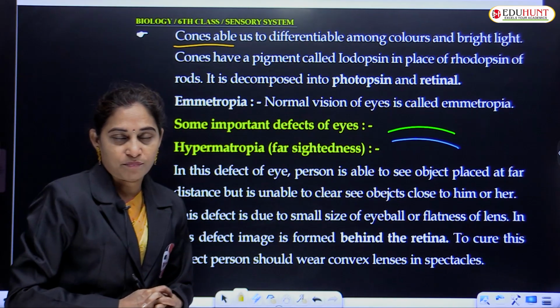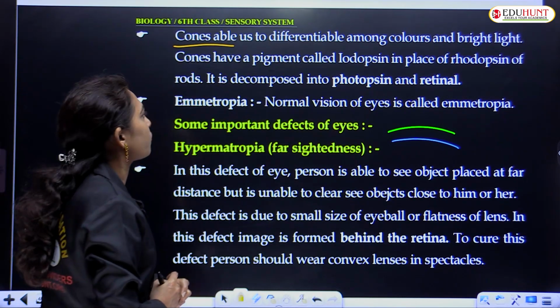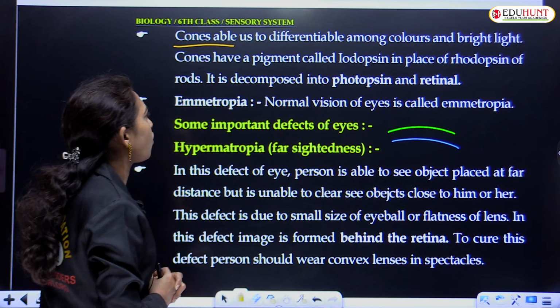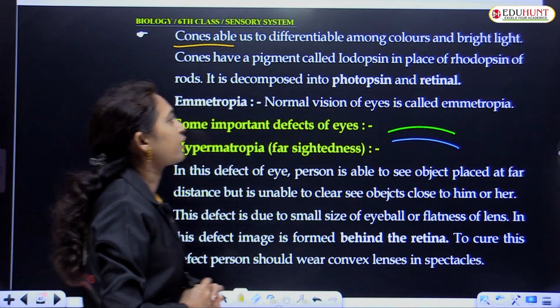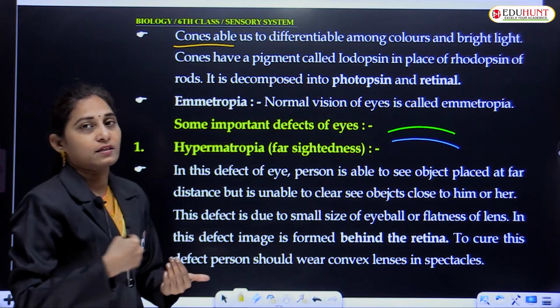One is the pigment part, that is retinal, and the protein part called the photopsin, similar to scotopsin that is seen in rods, and it is decomposed into photopsin and retinal in dark.